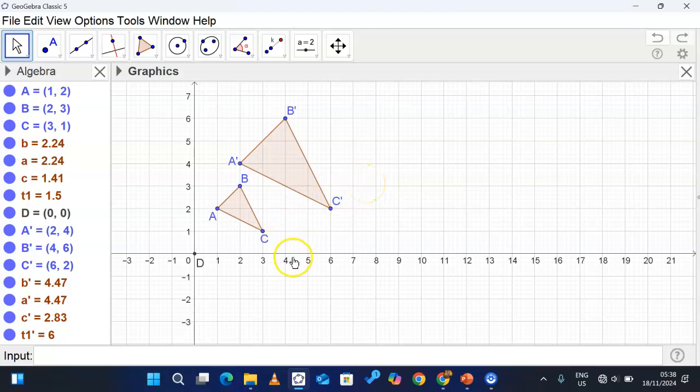That's for the enlargement. Now what we are going to learn is to observe the original point A, which is (1, 2), and its image being (2, 4). Can you see the difference? Look at the point B, (2, 3), and the image has become (4, 6). Then C is (3, 1), and its image is (6, 2).